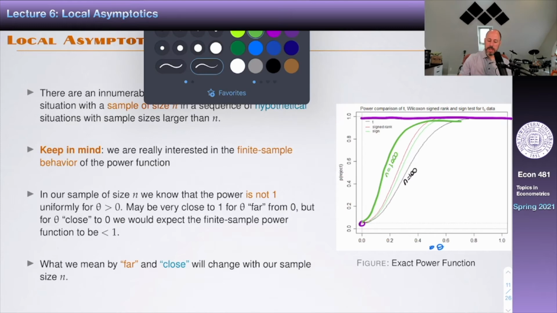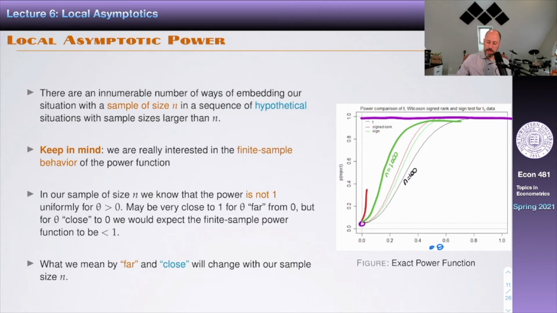And suppose then that you have n equal to 10,000. It's just going to look like that. And all that our power approximation is doing is that if you fix a value of theta here, it's just saying as n increases, you're going to go to 1. That's all it's saying.